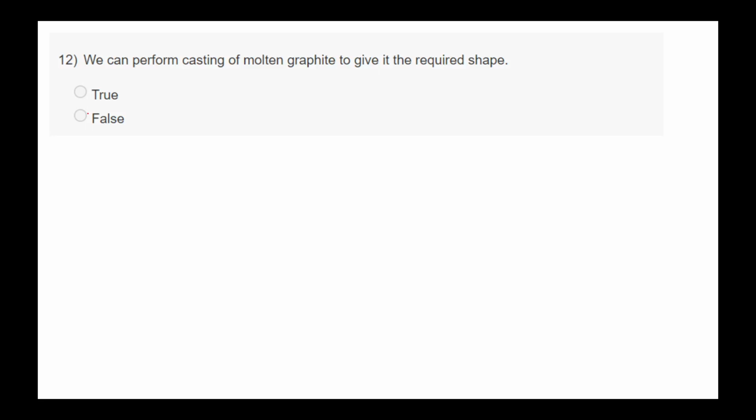Now, can we perform casting of molten graphite to give it a required shape? Have you heard about mold casting of graphite?